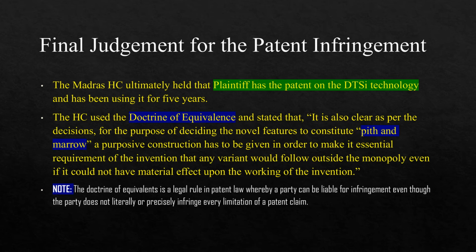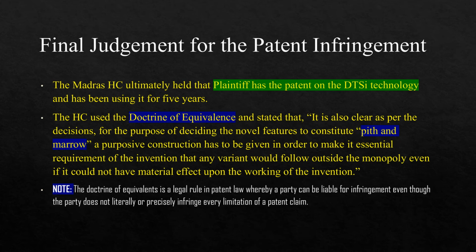Okay, so here friends, we can say that the doctrine of equivalence is a legal rule in patent law whereby a party can be liable for infringement even though the party does not literally or precisely infringe every limitation of a patent claim. Fine.